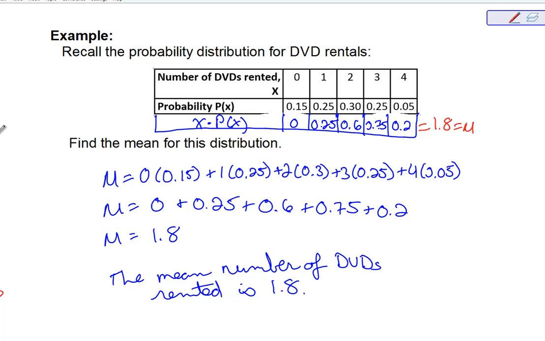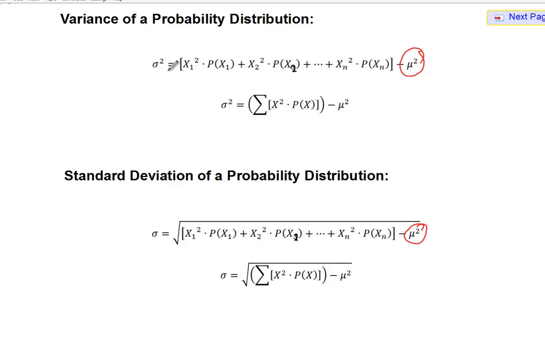Well, let's look at variance and standard deviation. For variance, remember we're using sigma squared. What we're going to do here is square each possible outcome. So like with our rolling of the die, we would take 1 squared, then multiply it by its probability, plus 2 squared, then multiply it by its probability, and so forth.